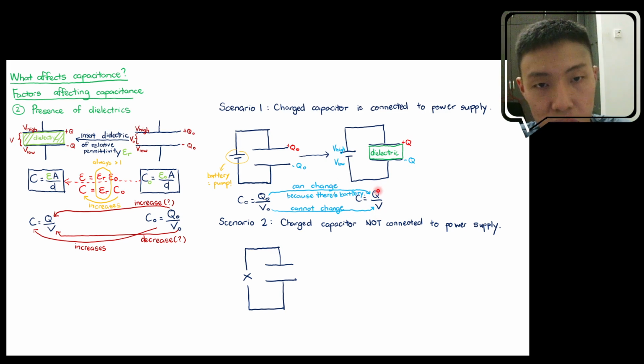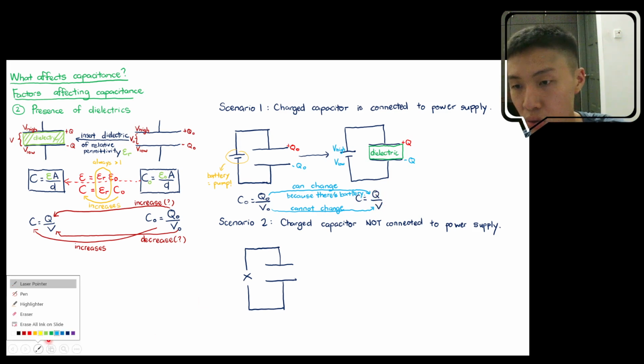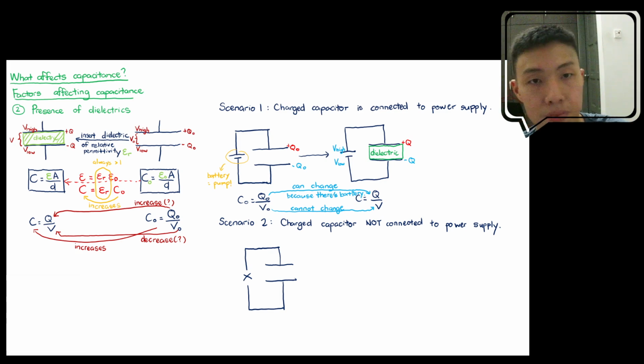So if Q can change, but V cannot change, we can conclude that V is constant. I should write V is constant.